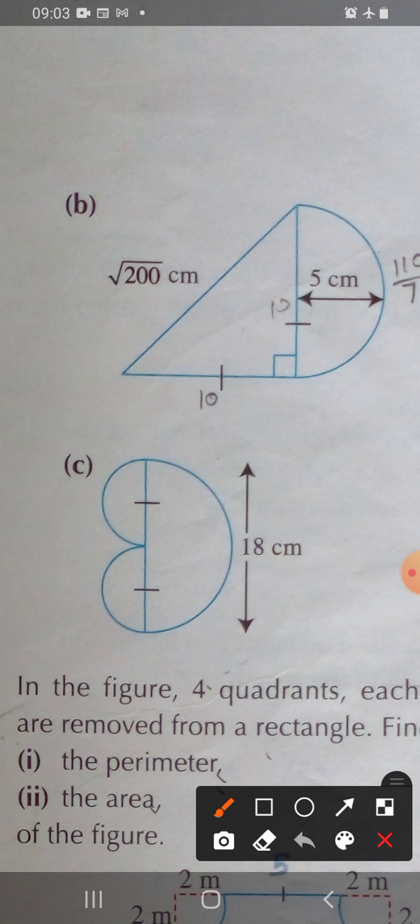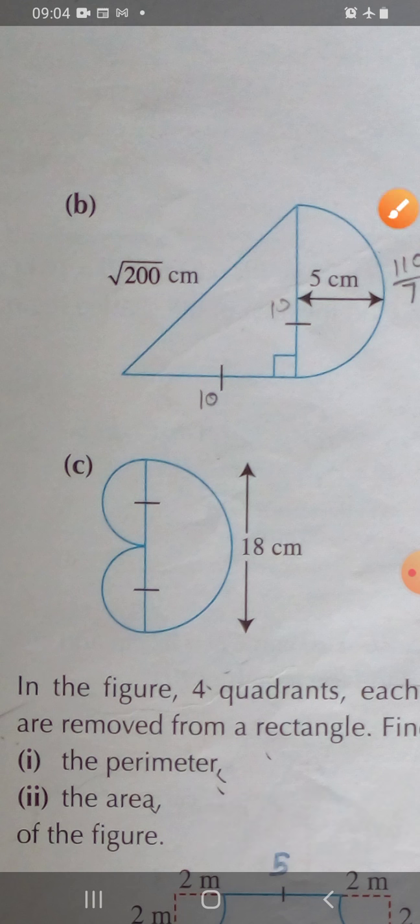Here, one thing that I want you to change is this root 200 centimeter square. We'll use its value, and when we find the value, it is 14.14.